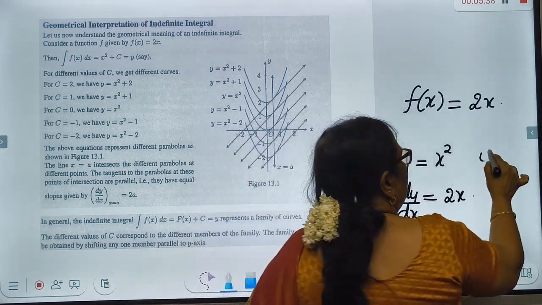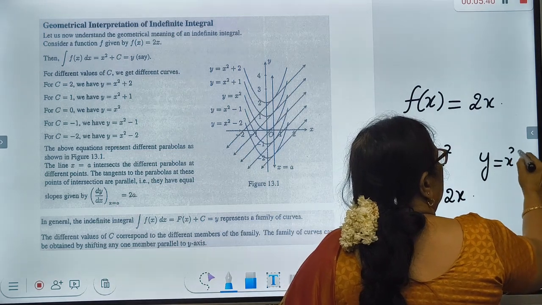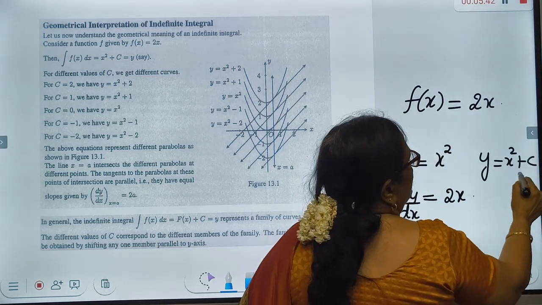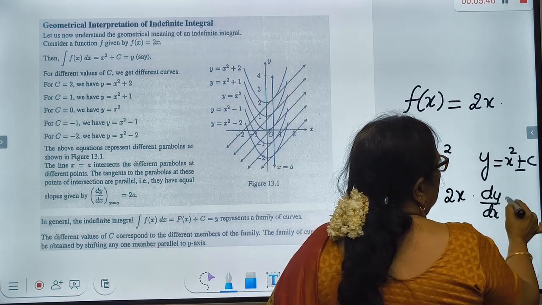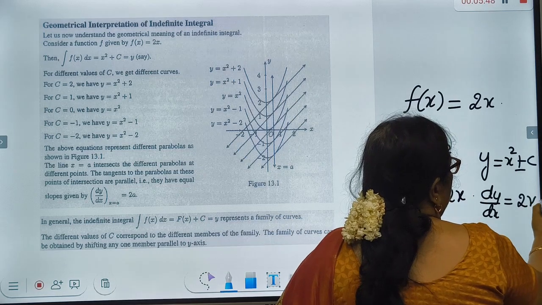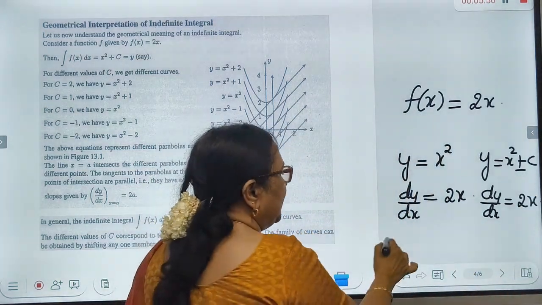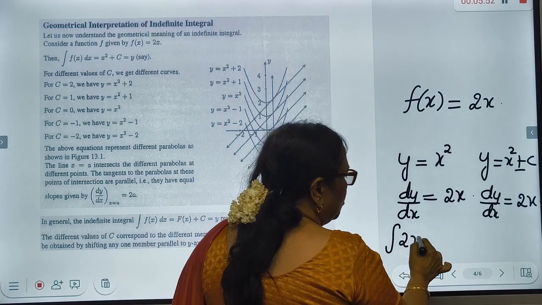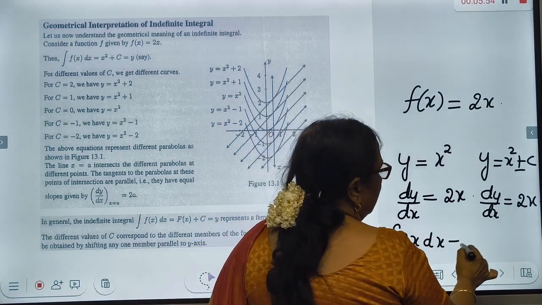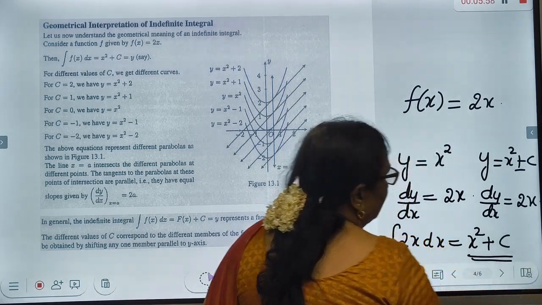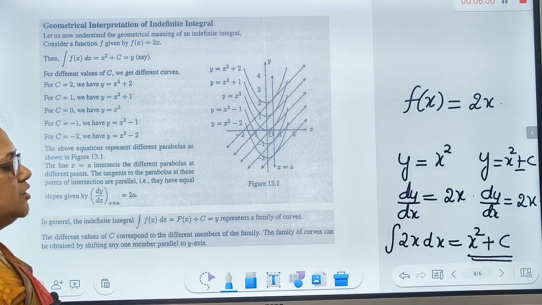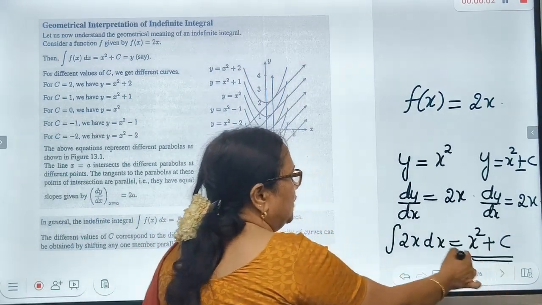But if I have y equal to x square plus or minus c, still dy by dx is equal to 2x. So integral of 2x dx is equal to x square plus c. c is a constant, a real number.